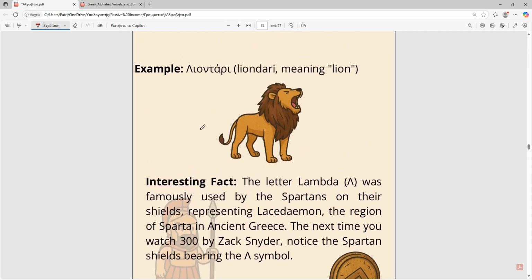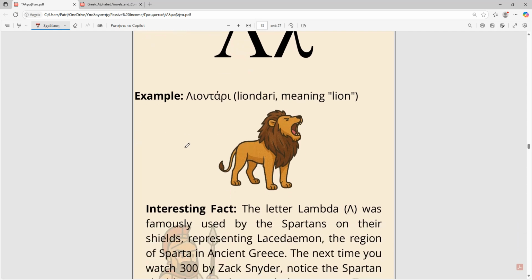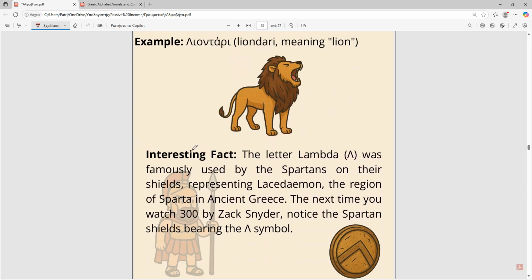It is called lambda, and an example we can use is liontari. An interesting fact is that it is used in ancient Greek.